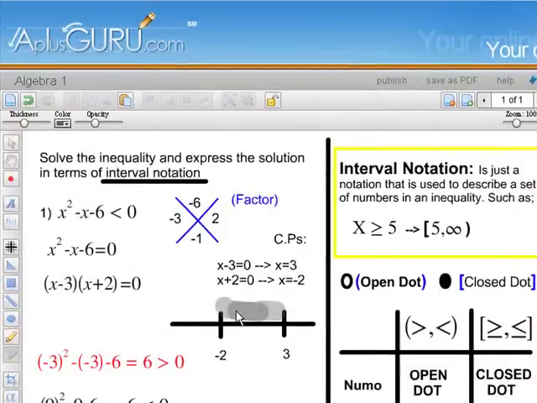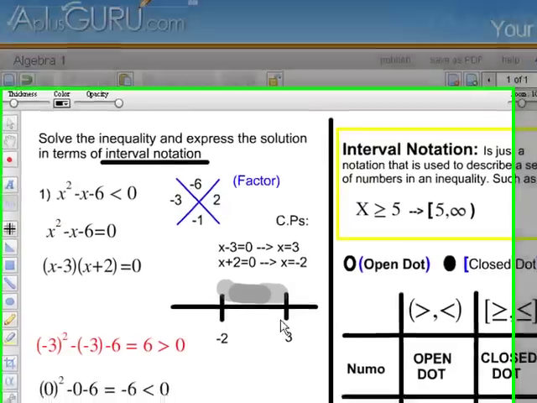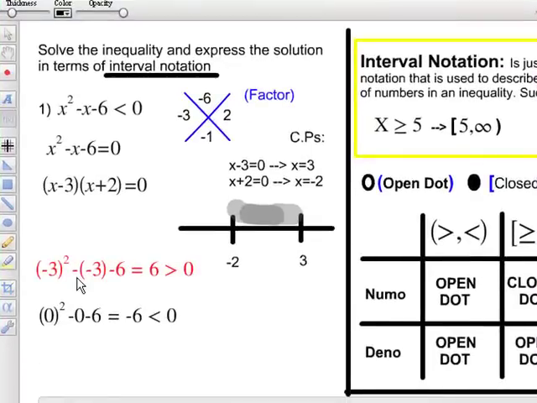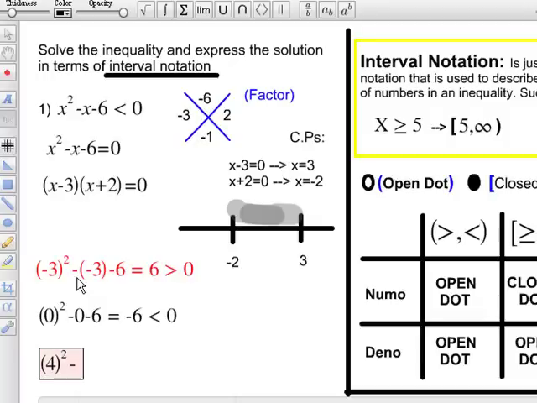Now let's try the last part, where we pick a point between 3 and infinity for x and plug it in. I'll pick 4. 4 squared minus 4 minus 6 gives us 6, and that is greater than 0, which we're not looking for.